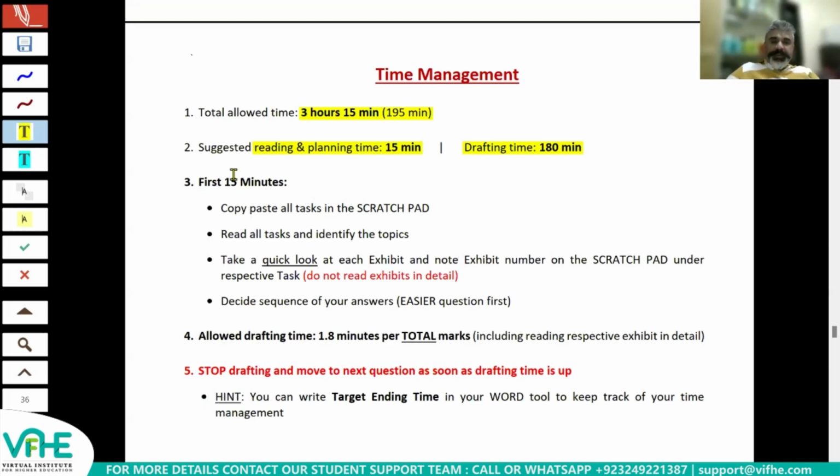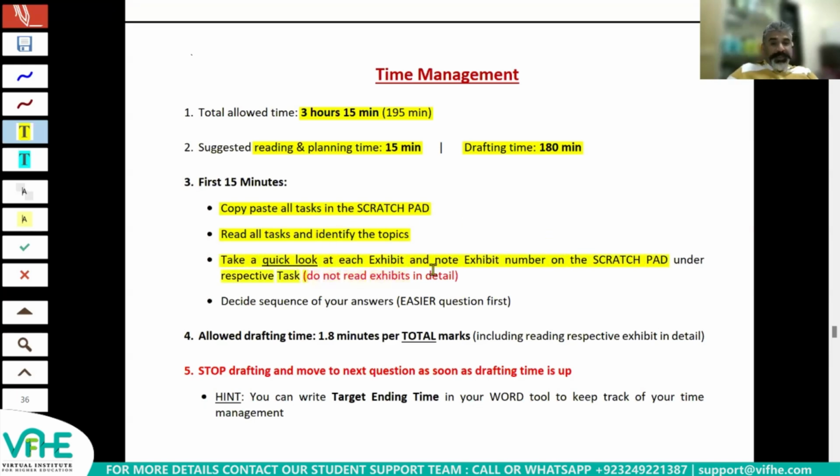So in the first 15 minutes, what are you supposed to do? Copy paste all tasks on the scratch pad. After copy pasting, read all tasks and identify the topics or the questions. Then take a quick look at each exhibit and note the exhibit number on the scratch pad.